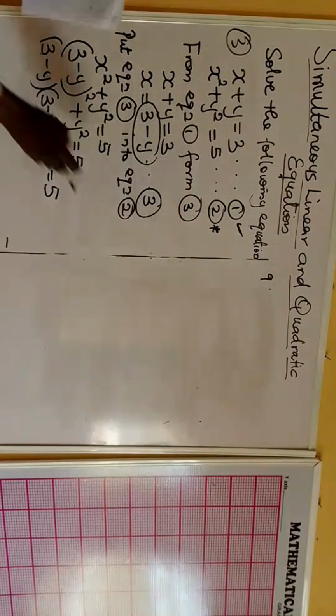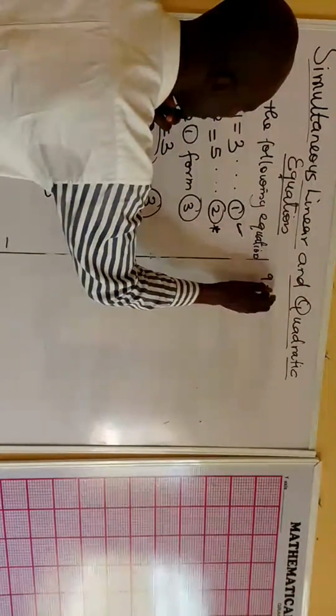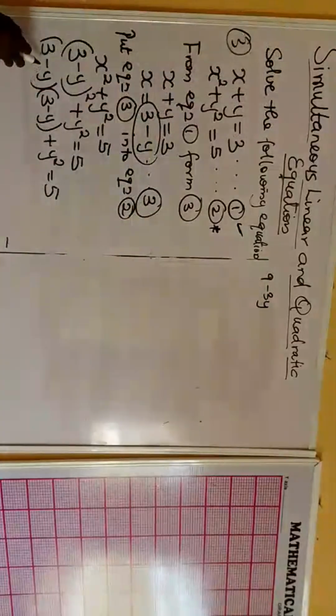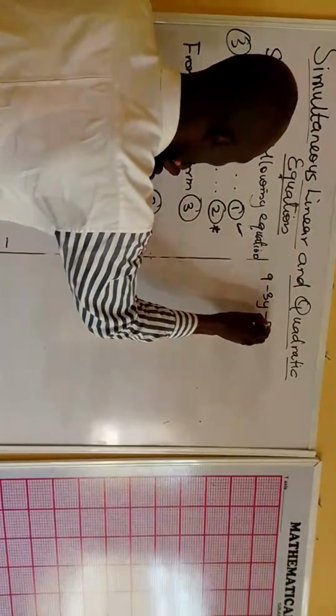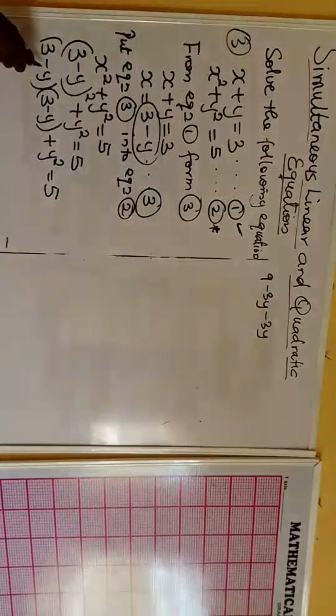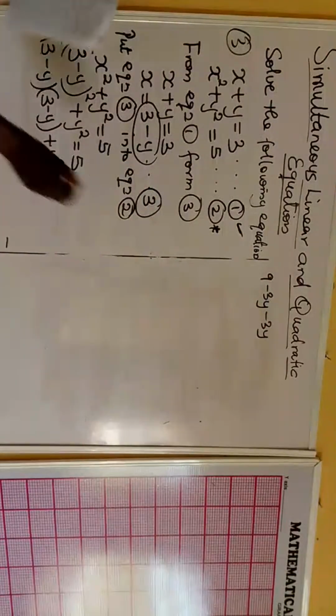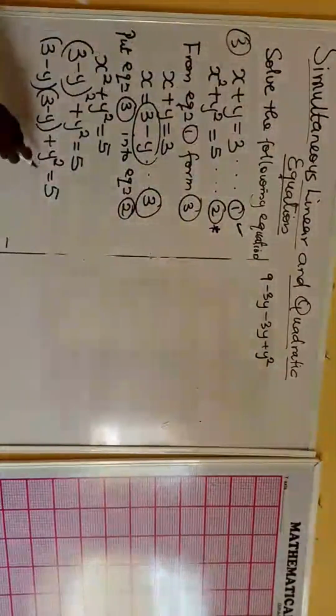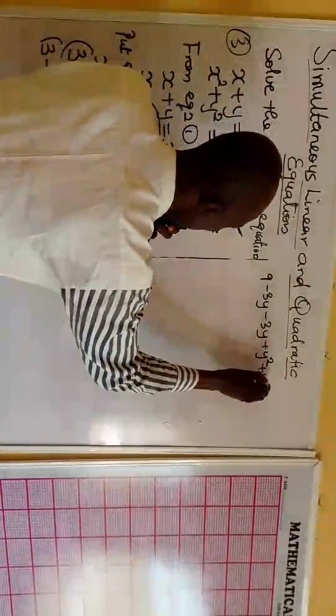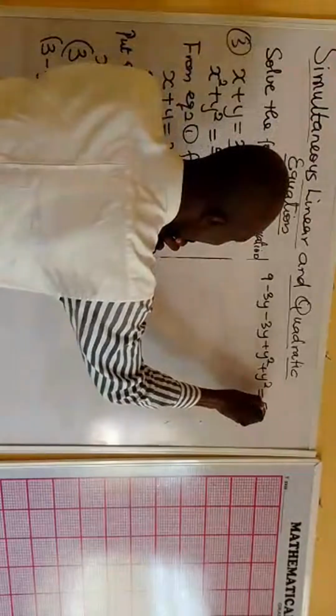3 times minus y is minus 3y. Minus y times 3 is minus 3y. Minus y times minus y is plus y squared, plus this y squared is equal to 5.